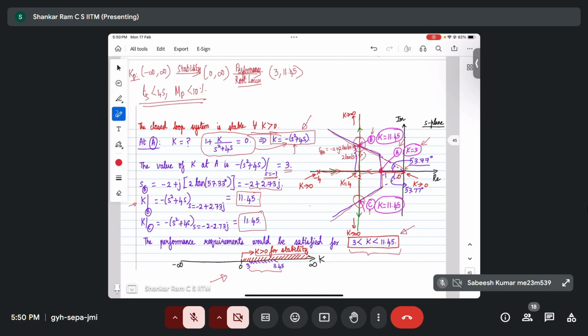I can do this problem in a trivial way that you taught us in the previous class: if I express this and compare it with the standard y double dot plus 2 xi omega n y dot plus omega n square y, compare those coefficients, express k in terms of xi, and then apply the peak overshoot formula, e to the power minus pi xi divided by root of 1 minus xi square, which should be less than 0.1. By that also we will get the value of k.